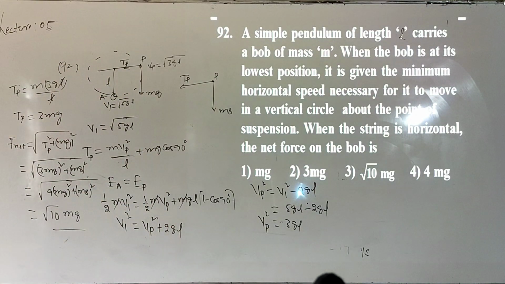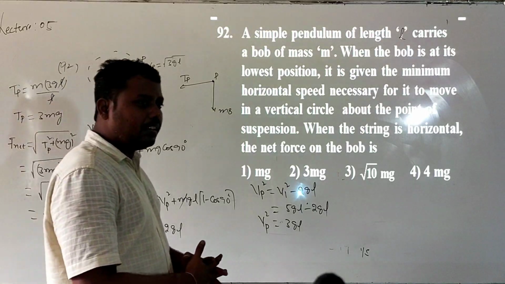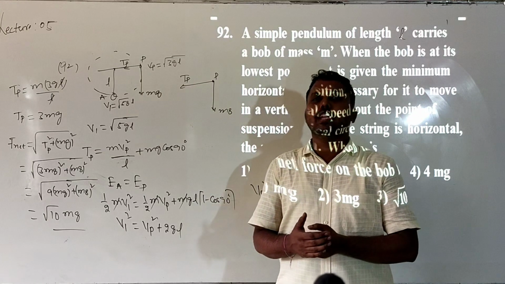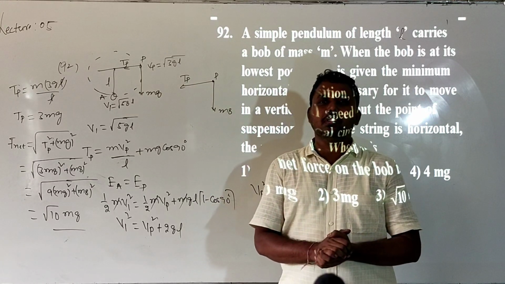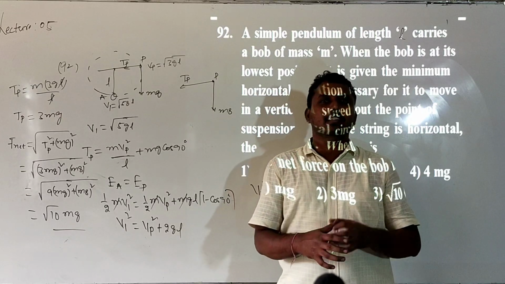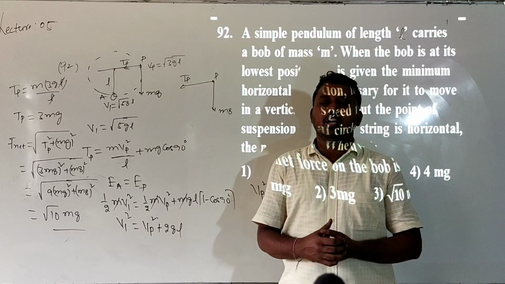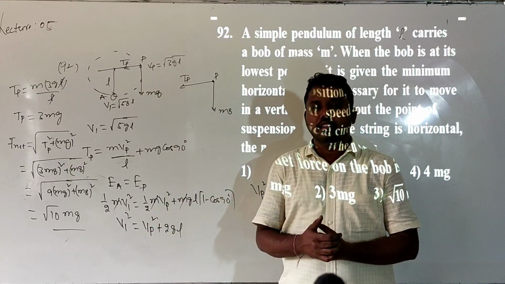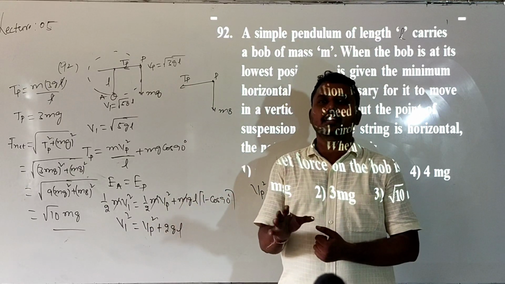This is about the chapter circular motion. Some part is given in motion in a plane, some part in laws of motion, and some part in work, energy and power as per your state board syllabus. Now all the concepts are together, we have discussed them here, and this topic is very important.